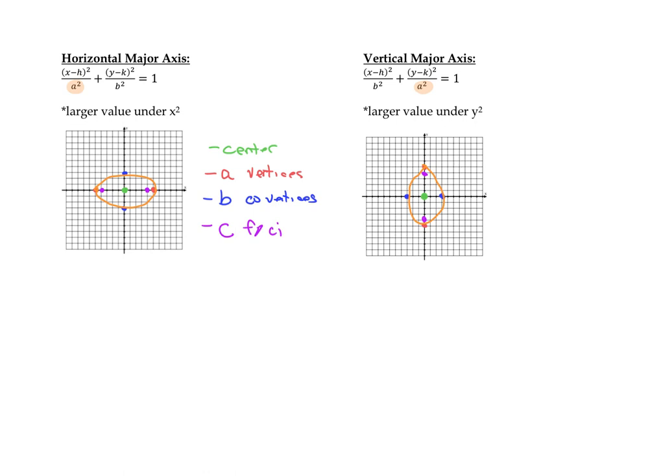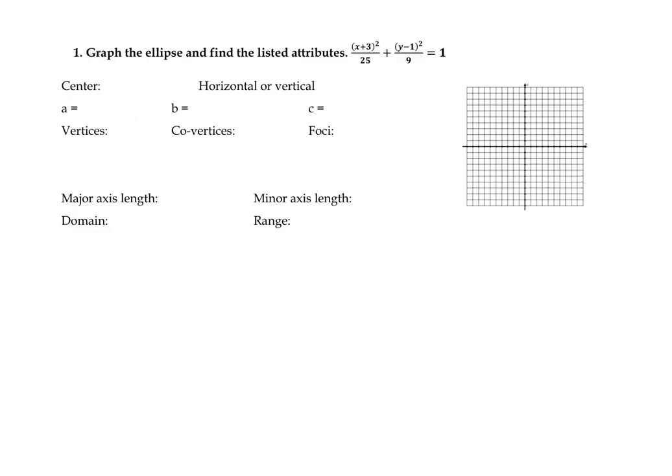So they're very similar, it's just where the longer piece is. When I take a look at this, my x is longer than my y, and that's what makes it horizontal or vertical.